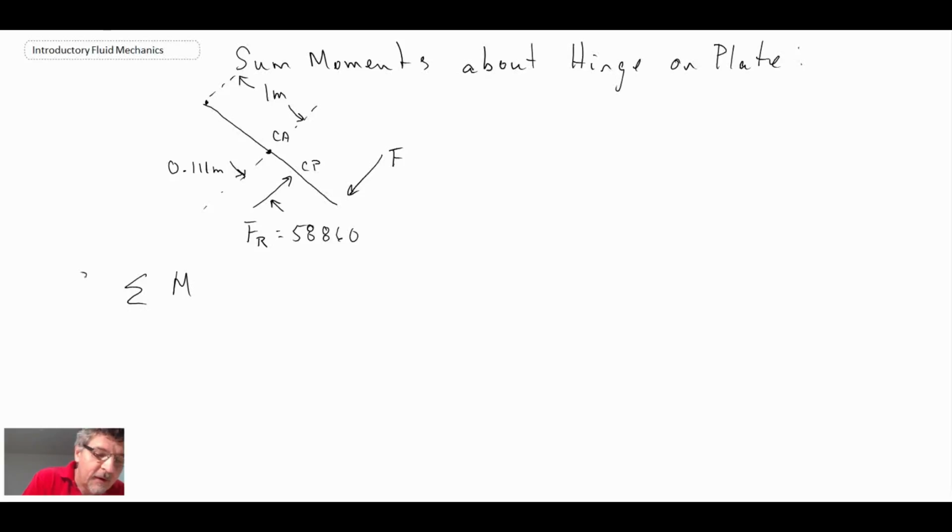I'm going to do positive for being counterclockwise this time. Remember in statics, as long as you're consistent, that's the main thing. So if we're looking counterclockwise as being positive, that means that FR is going to generate a positive moment. And how far away is it from H, the point where we're summing? It's 1 plus 0.111.